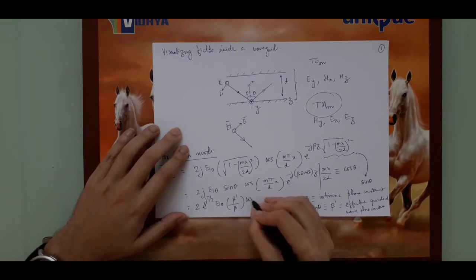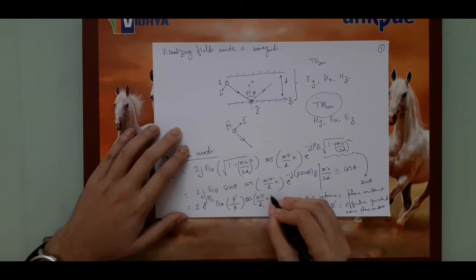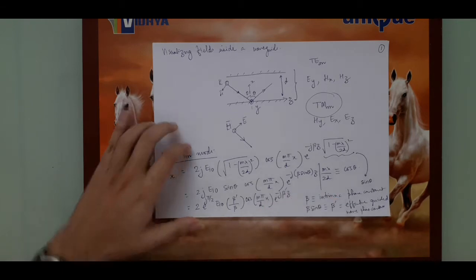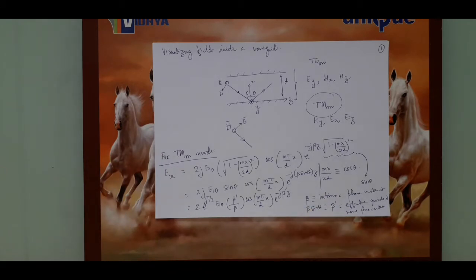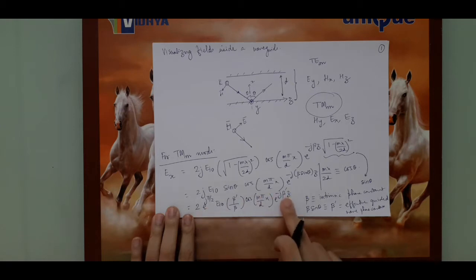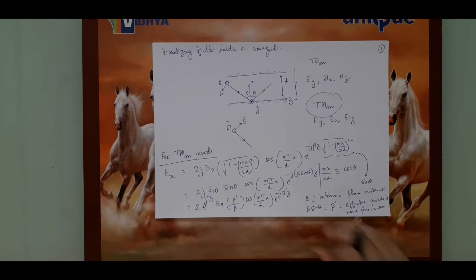The cos term will stay as it is. This I can write as beta prime times z. This we know, but we are now just writing it in a slightly different way. So what I can now do is take this term and combine it with this other complex exponential. So let's write that.